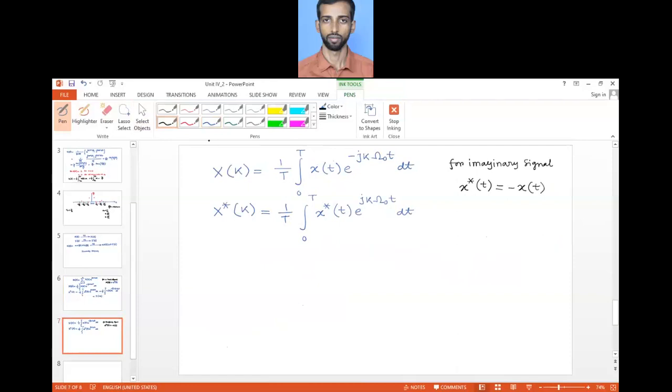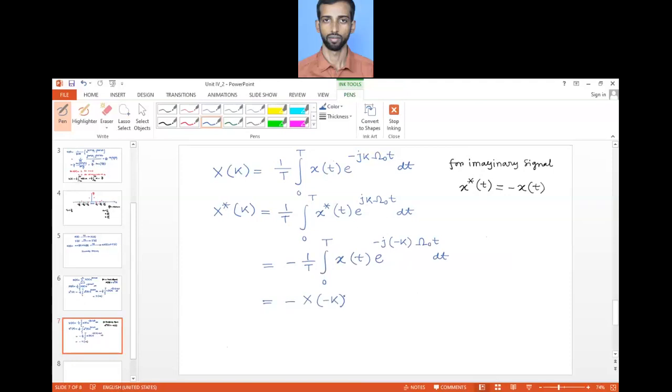So now if you simply substitute this value over there, you have minus 1 by T integration over 0 to T, x star t will give us minus x t, then you have e to the power minus j, then the same procedure, minus k omega naught t dt. That is nothing but minus of x of minus k.